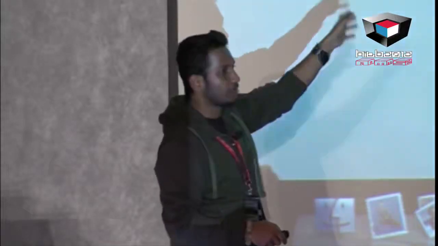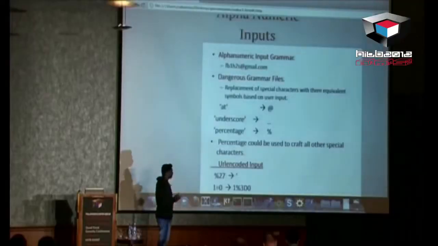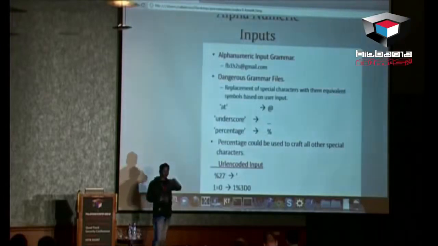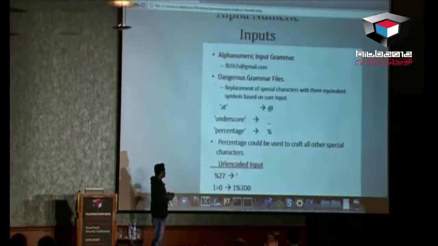Because com is a word which you could easily make them understand, or dot is also a word. So if I say at, the actual character value of at would be replaced. If I say underscore, the character representation of underscore would be replaced. And if I say percentage, the percentage value would be used.